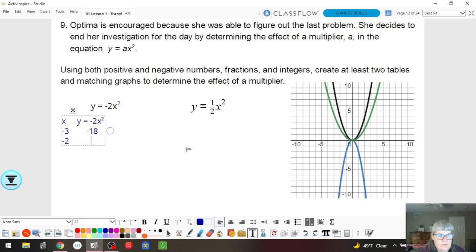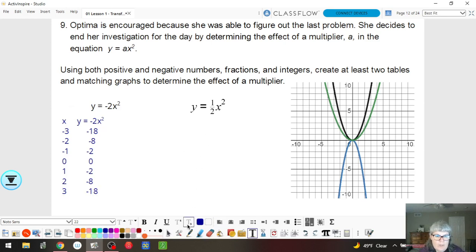So -2 is at -8. -1 is at -2. 0 is at 0, so the vertex didn't change. 1 is back down at -2. 2 is back down to -8. And 3 would have been back down to -18 if it appeared on our graph.